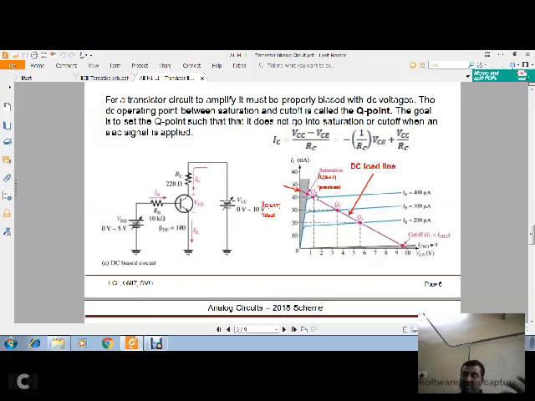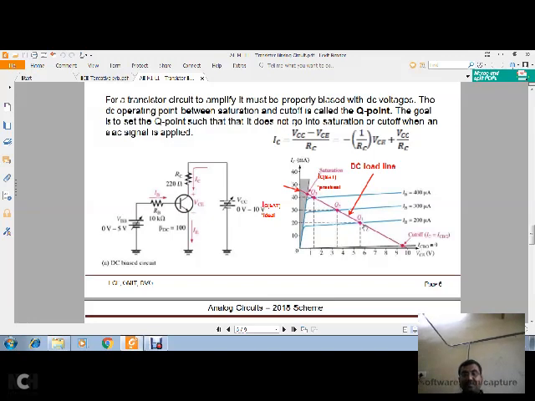Do you want the Q point here for amplification, or here, or in the middle of the active region on the DC load line? That is where the designer's role plays a very important part. What happens if you place the Q point here, here or here? We will see that next.